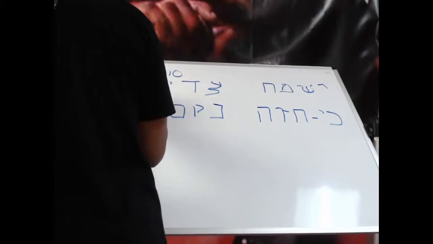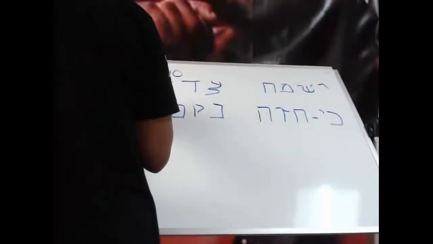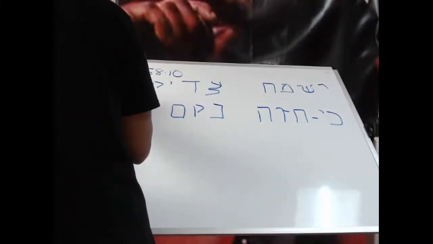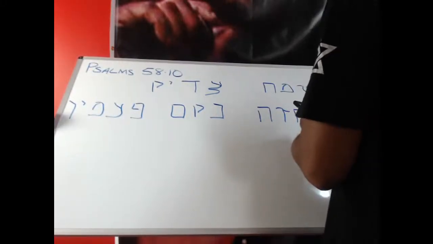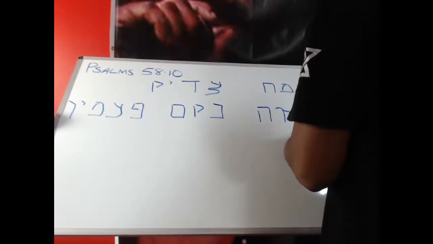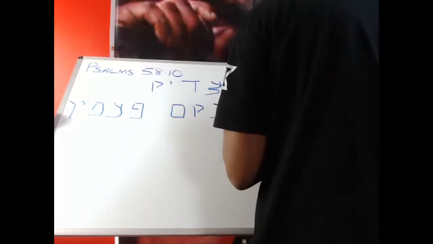Chapter 58, verses 10 and 11. Okay? I'm going to just write this out in Assyrian first, and we'll be able to go over it in ancient Hebrew. I'll also just write out the pronunciations.